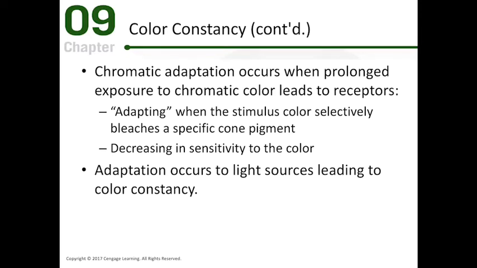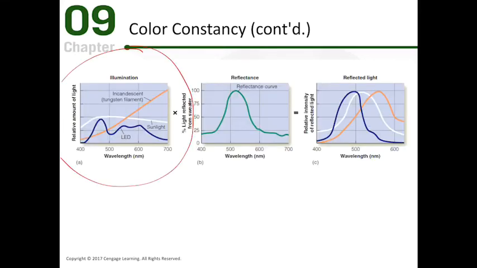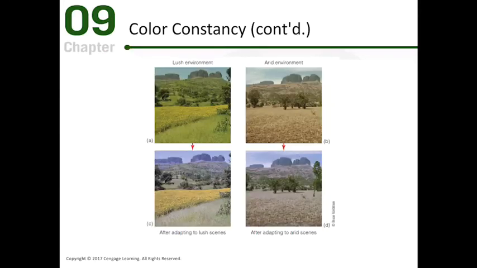I'm going to give you an example of an environment where you can kind of look. This would be an example of a lush environment versus an arid environment. Here you're seeing a lot of greens. Here you're seeing more yellows.